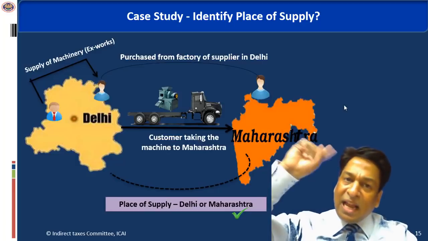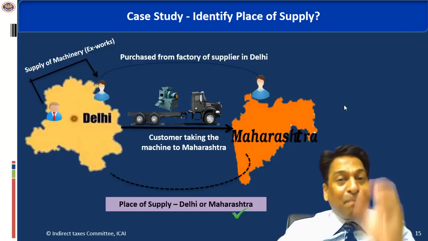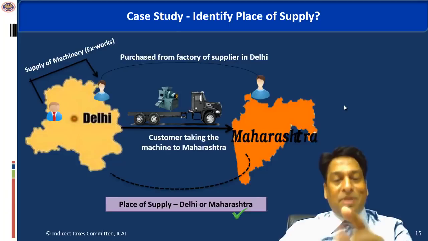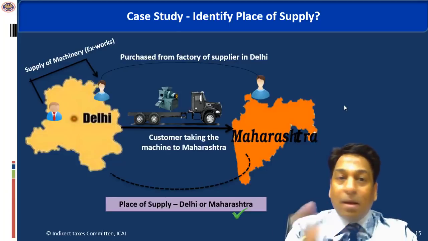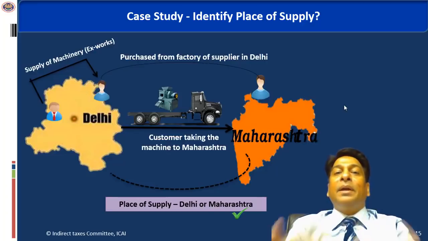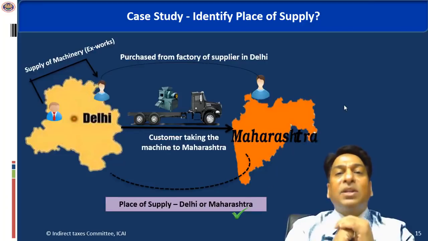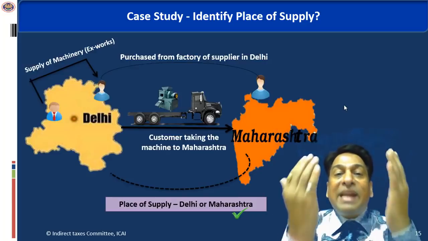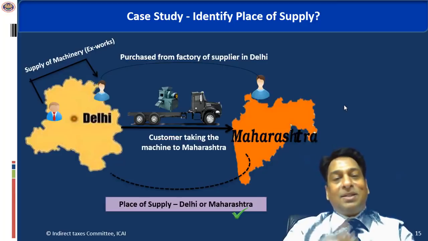So what is 10(1)(a)? Just to recall, where supply involves movement of goods, of course goods are moving by the supplier, then the place of supply would be where delivery terminates, which is Maharashtra. The transaction would be interstate. IGST should have been charged.